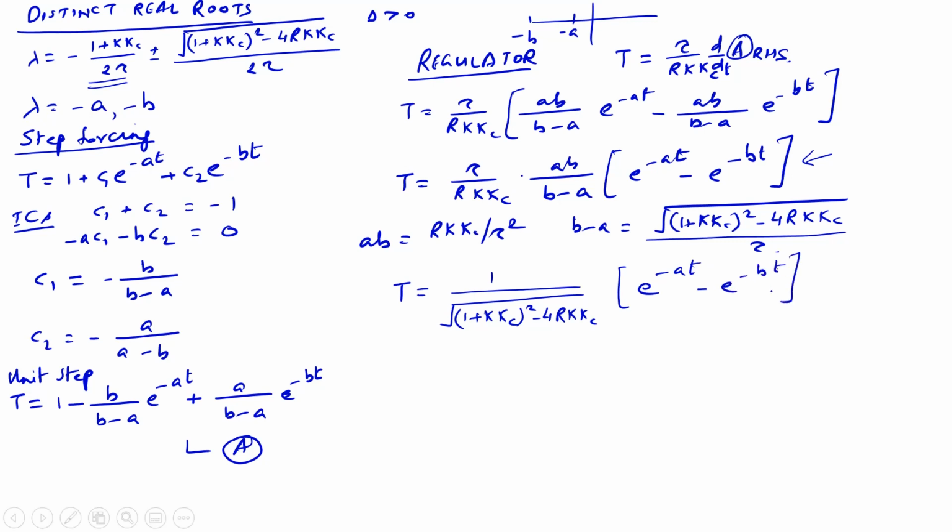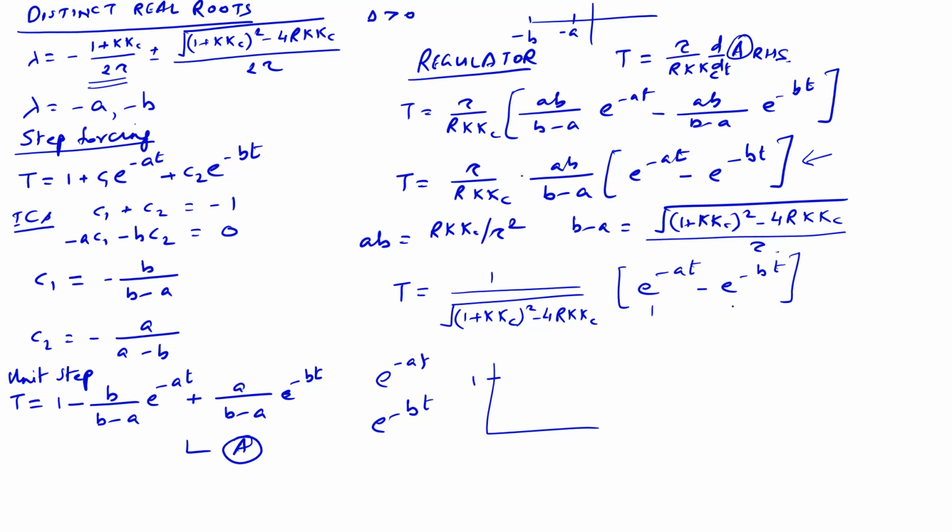Now see, if you look at the roots, you have e to the power minus at and e to the power minus bt. The magnitude of a is smaller than the magnitude of b. So at time t equal to 0, both e to the power minus at and e to the power minus bt are going to be 1.